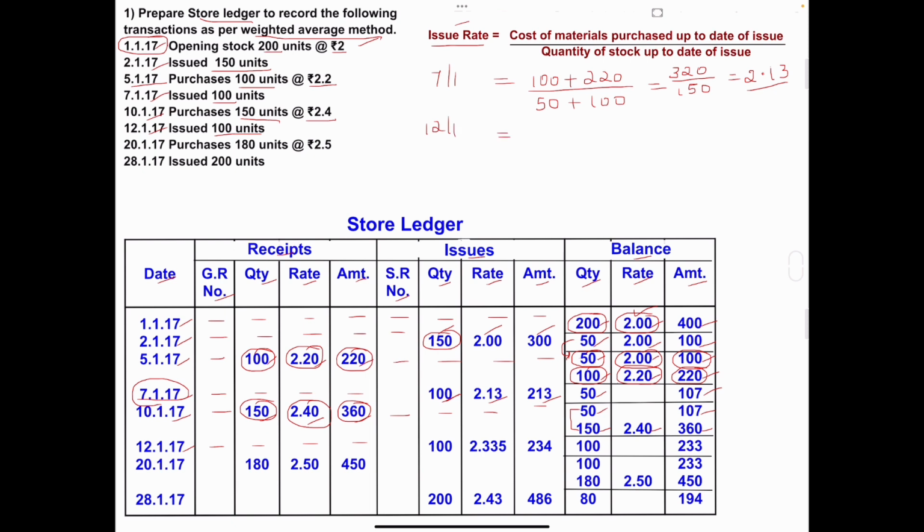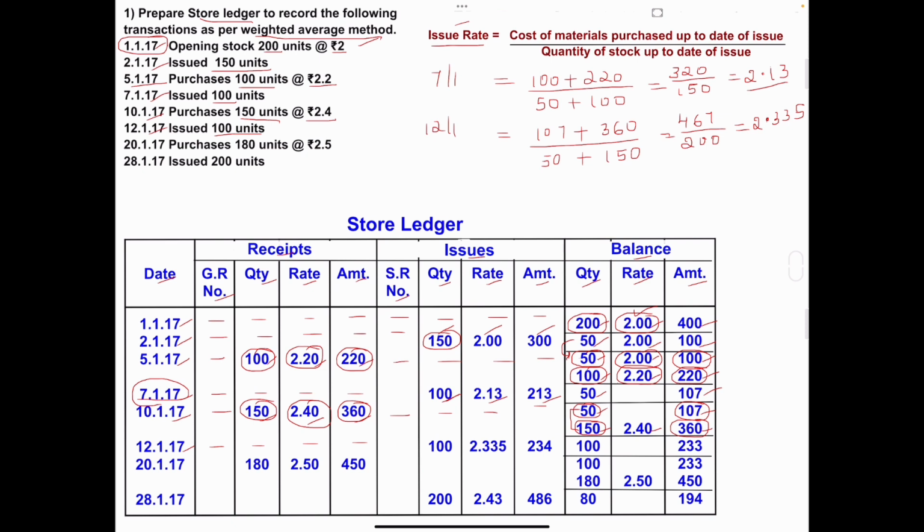First write the amount, that is 107 plus 360 divided by the quantity, 50 and 150. 107 plus 360, total is 467, divided by 200. Calculate this. Rate is 2.335.